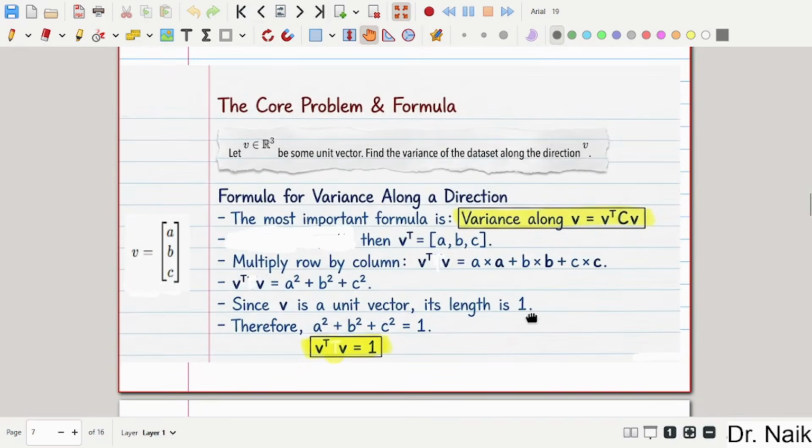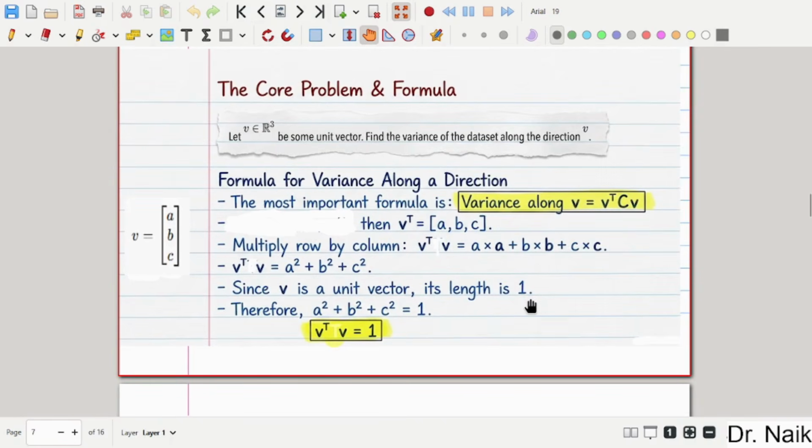Now solve our question. The variance along v is calculated by the formula v transpose C v, where C is a covariance matrix.